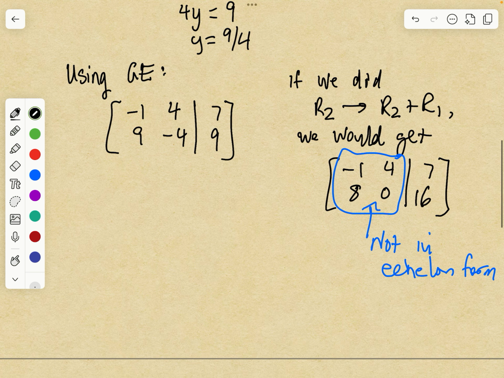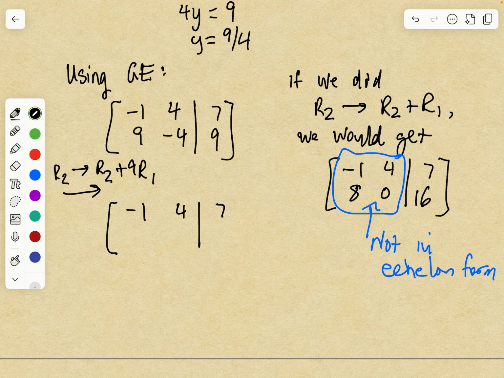So what is the correct algorithm step? Well, there are variations of the algorithm. One way would be to divide row 1 by -1 to get a 1 as the pivot. But if you just wanted to get the echelon form without necessarily the pivots being 1, then you would replace row 2 by row 2 plus 9 row 1.